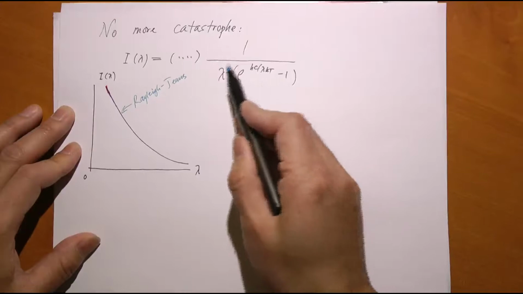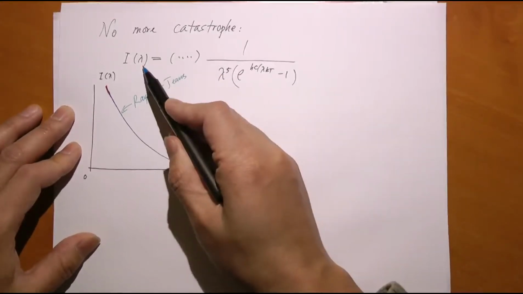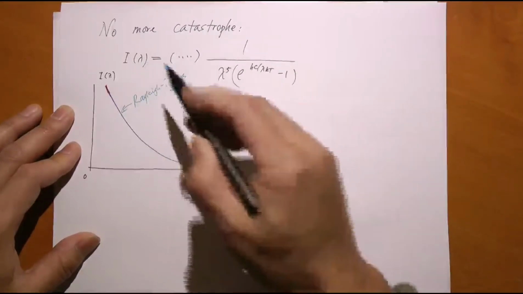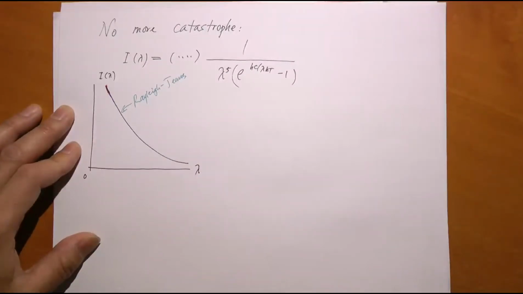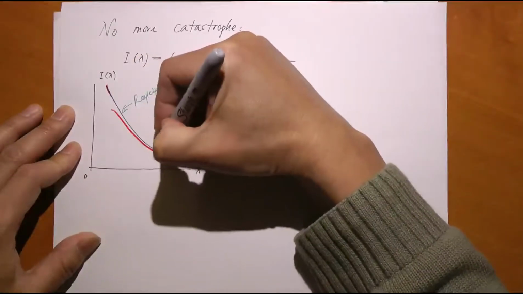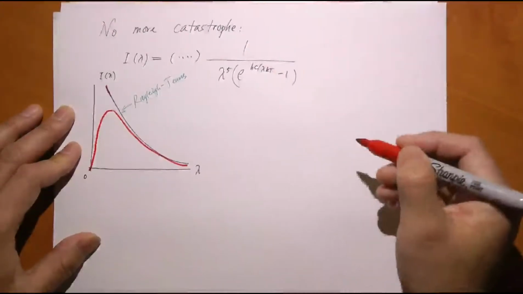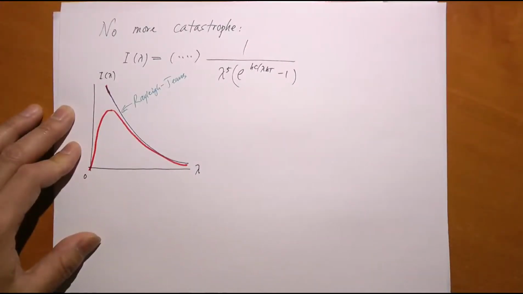So therefore, overall, this denominator will reach infinity at lambda equal to 0, and therefore, you flip it over, I approaches 0, not infinity. So this is the Planck formula behavior. It goes down to 0. You have averted the ultraviolet catastrophe.